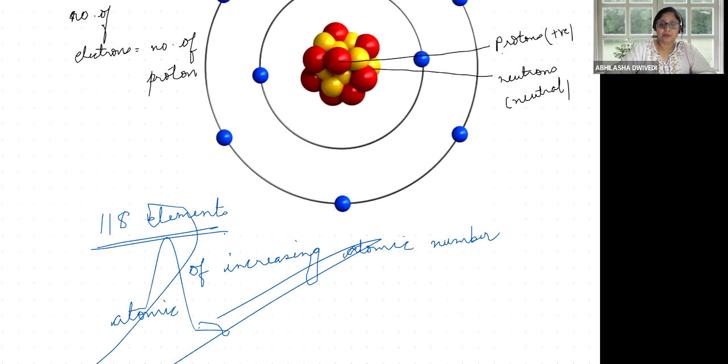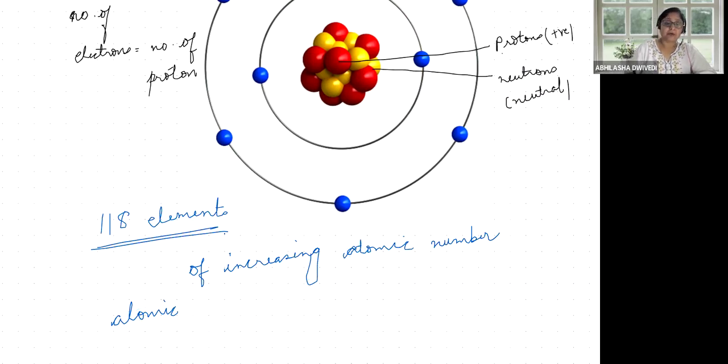So you have understood the atomic number. Now, atomic mass is equal to the number of protons plus the number of neutrons, that is, atomic number plus neutron number.